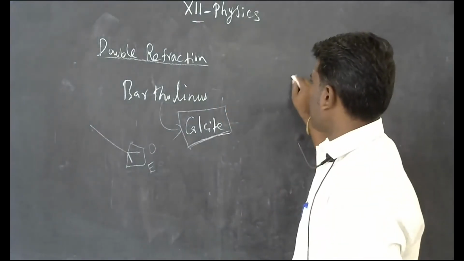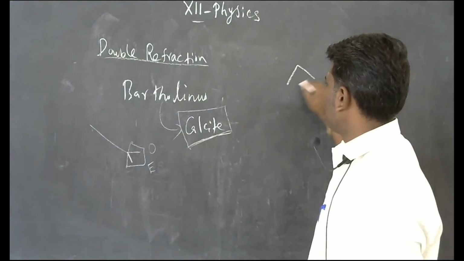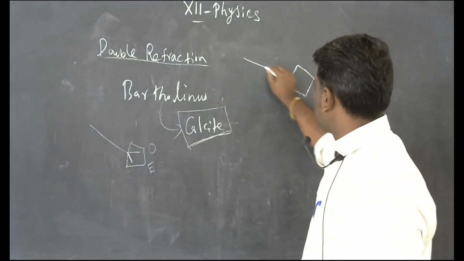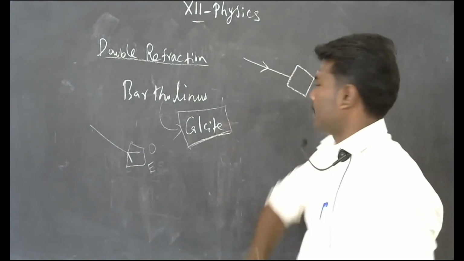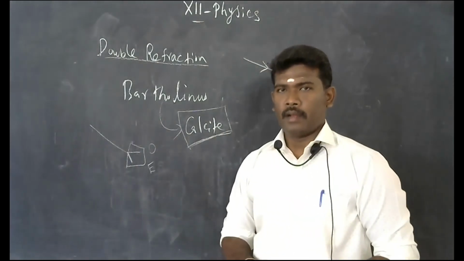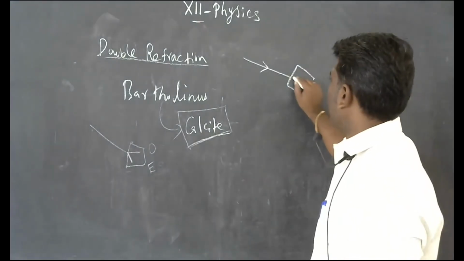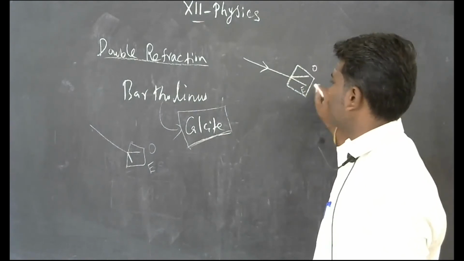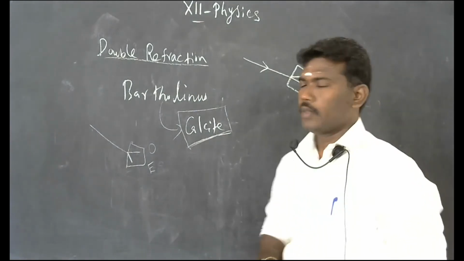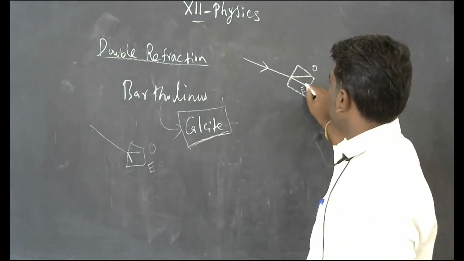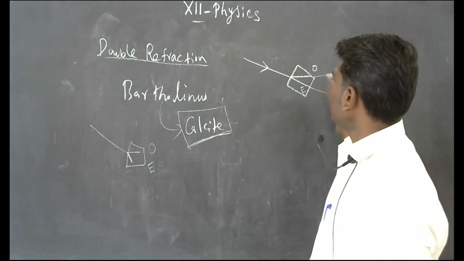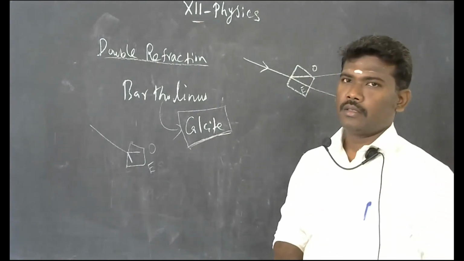So if you consider a calcite crystal, when unpolarized light is incident on the calcite crystal, it is divided into two light rays. One is ordinary and another one is called the extraordinary ray. And then refraction occurs on the other face of the calcite crystal, like this.